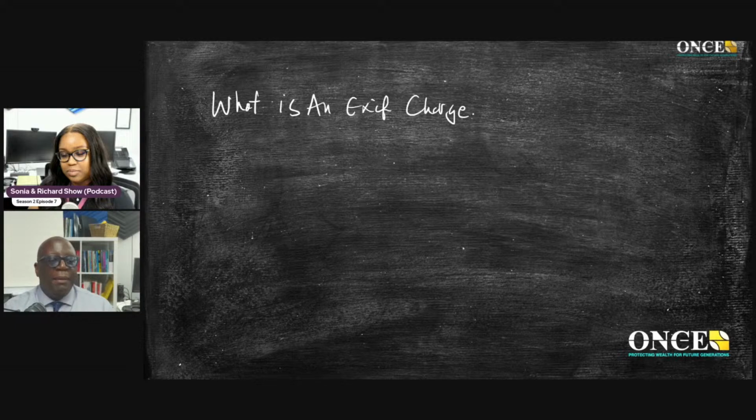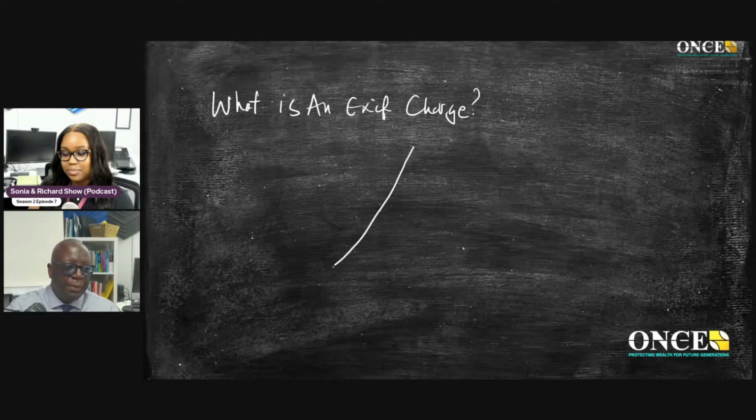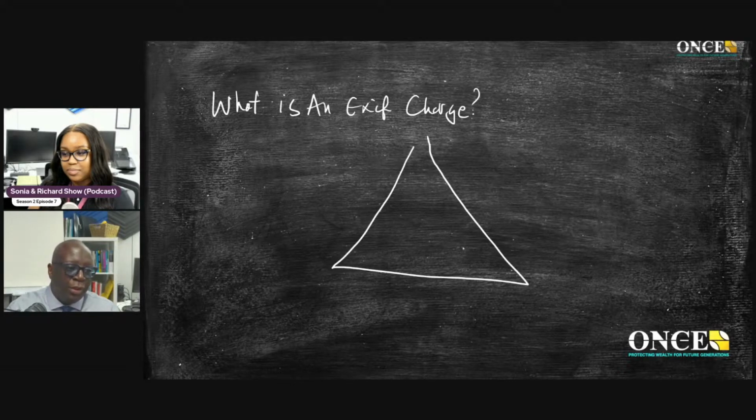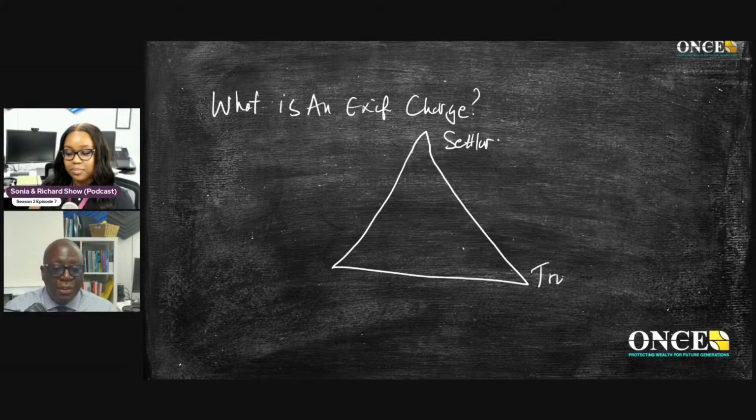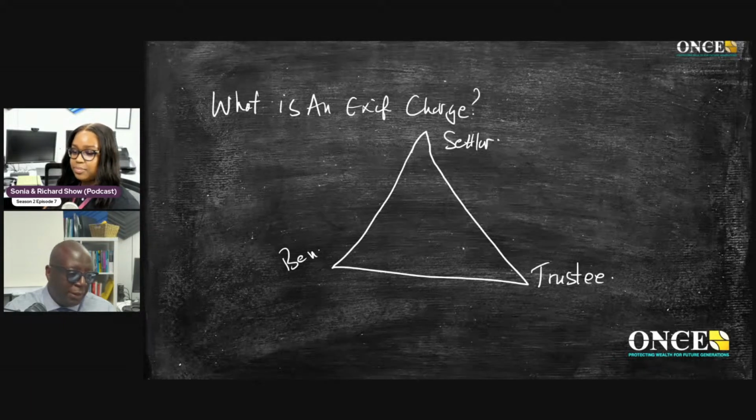So maybe a bit of prelude about trusts first. Some basic rules. I like drawing triangles when I'm depicting a trust. A trust has 3 parties. One who creates a trust is known as a settlor. One who manages a trust is known as a trustee. One who enjoys the spoils, so to speak, as beneficial ownership, is the beneficiary.